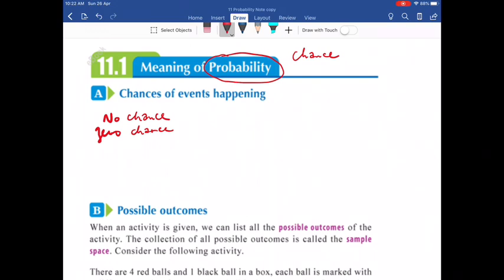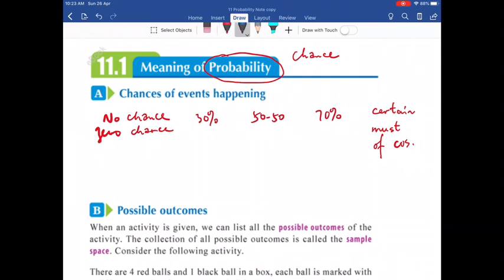And then the other extreme is that it is certain, or must happen, of course. And then in the middle, there may be 50-50, or 70%, or 30%, something like that.